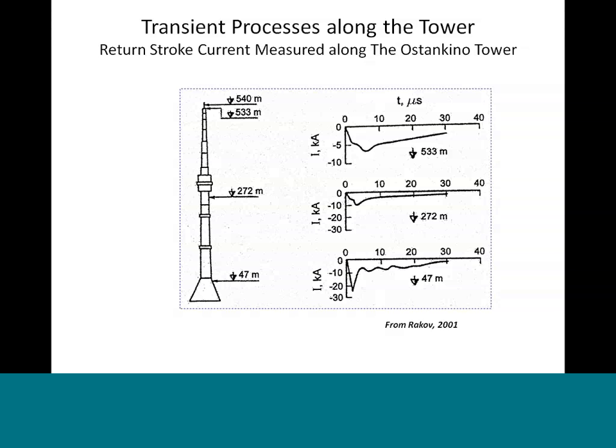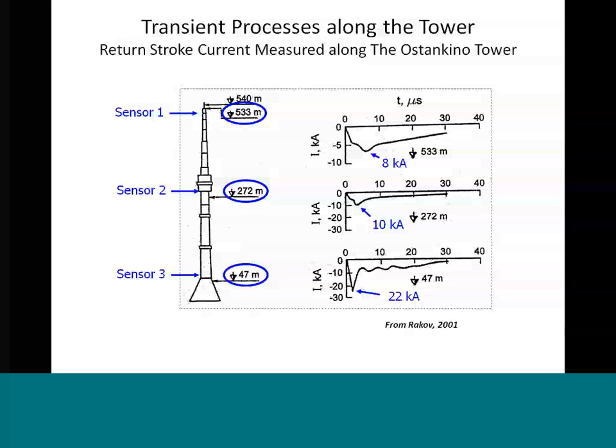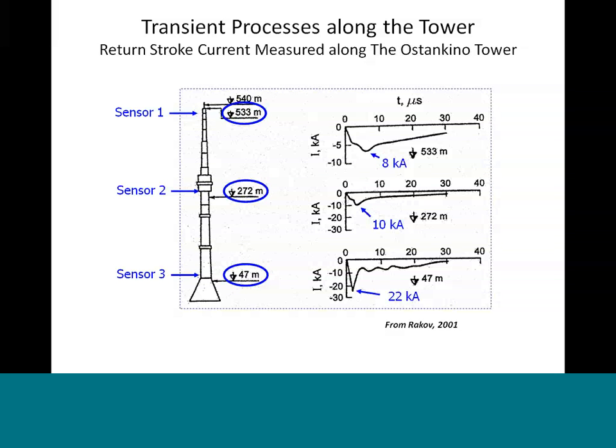As you see here, the current at the height of 533 meters is about 80 kiloamperes, one of the measured waveforms. But at the height of 272 it is around 10 kiloamps, and at the height of 47, nearly the tower base, it is 22 kiloamps. So we can see that the current at the tower base is doubled compared to the current at the tower top. And this is due to the reflection at the ground level.